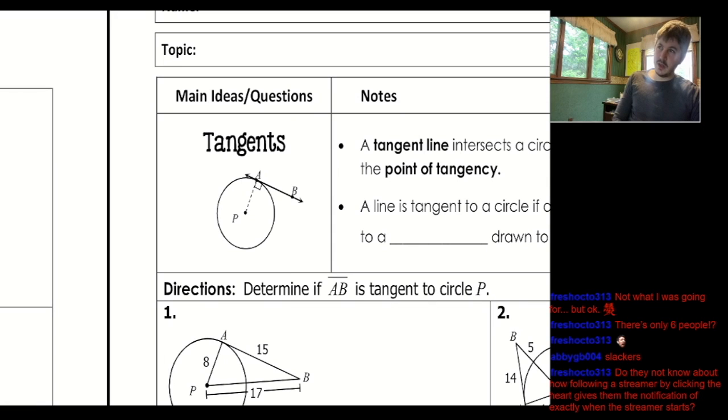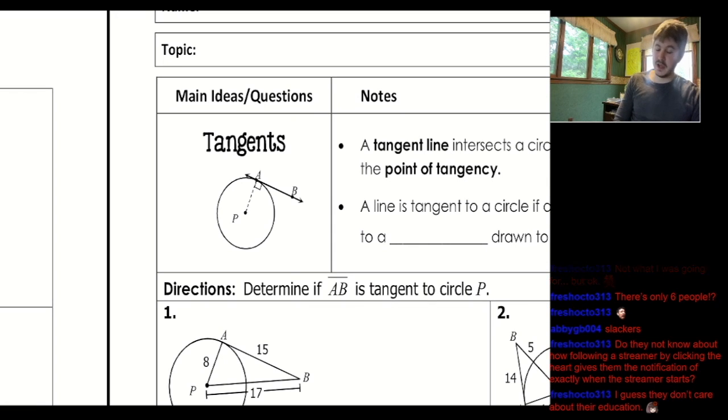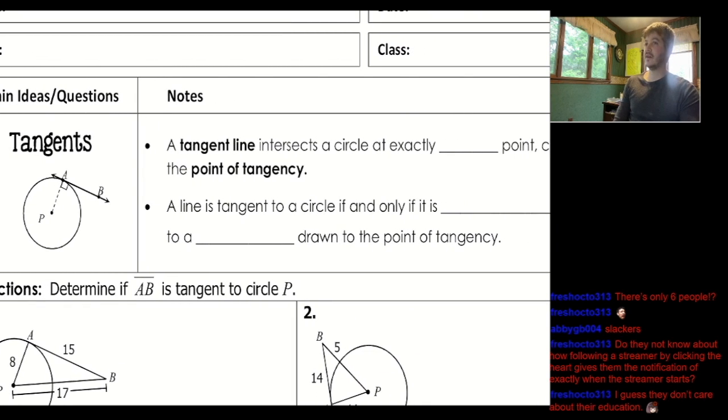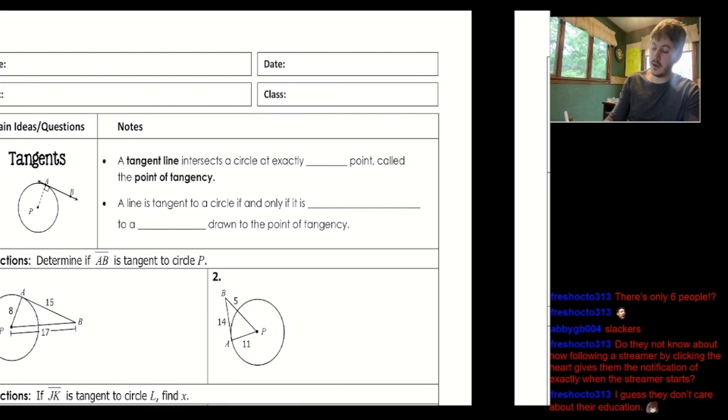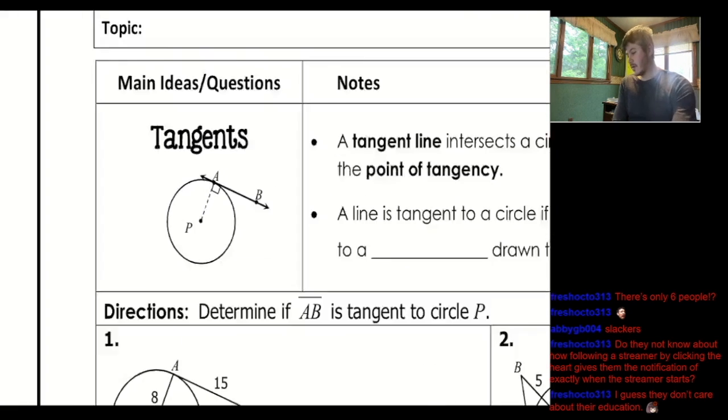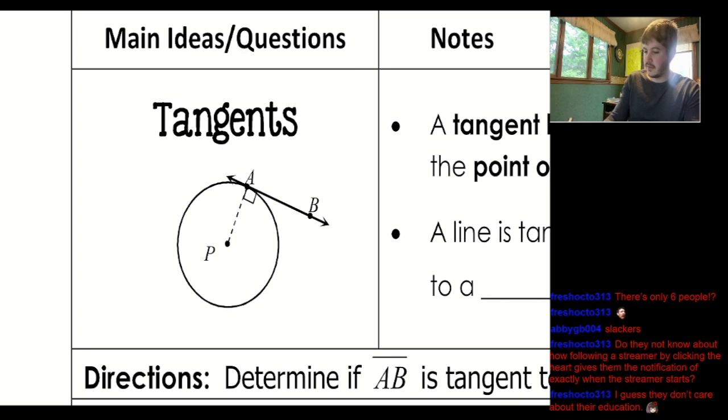Different from the tangents we learned with SOHCAHTOA, we did mention previously that a tangent line is a line that intersects a circle at exactly one point, which we defined at the beginning of the unit. So in this diagram, AB is tangent. That's really all we've ever discussed with tangent lines up to this point.